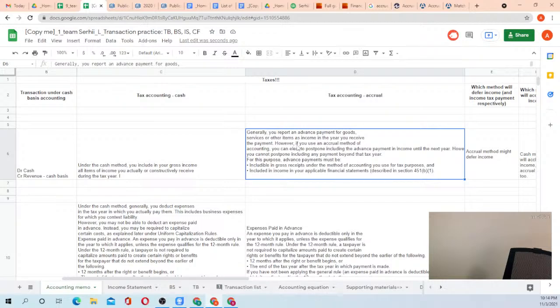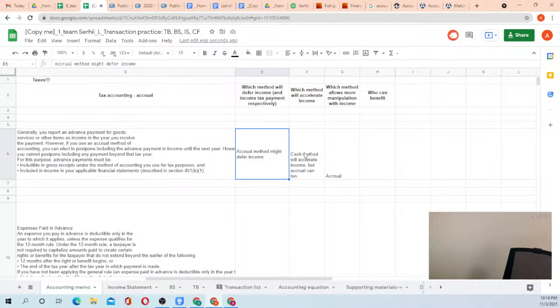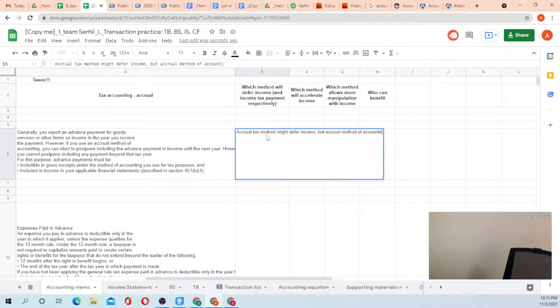That's because to defer the prepaids, the IRS requires us to use accrual basis of accounting. Let's add here: accrual tax method might defer income, but accrual method of accounting is required for that.